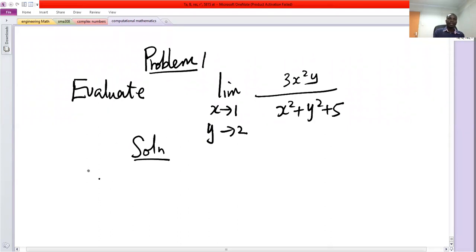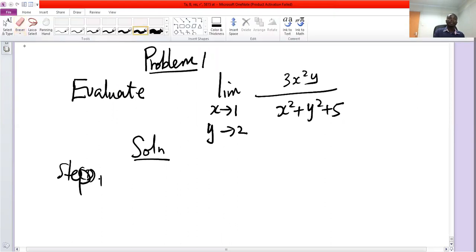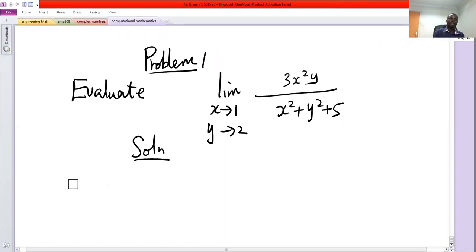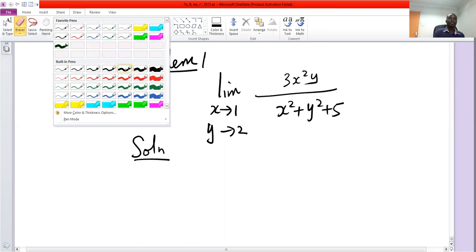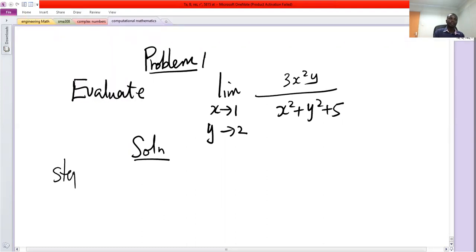So first, step one, replace x equals to 1, then y equals to 2. Put x equals to 1, then y equals to 2.